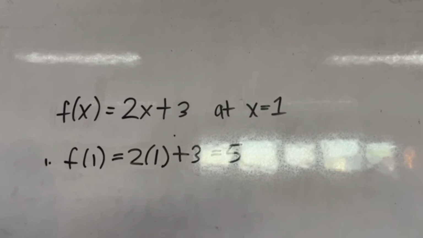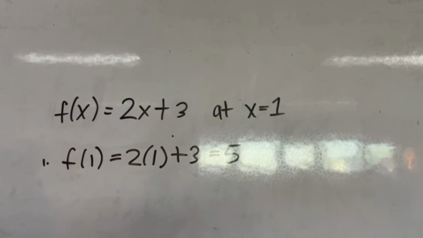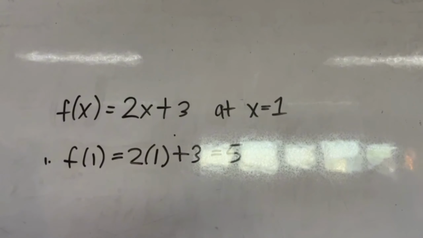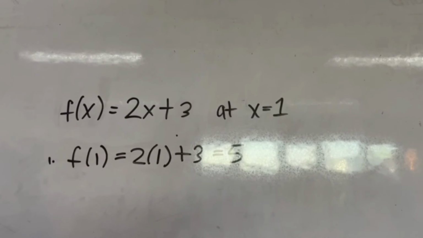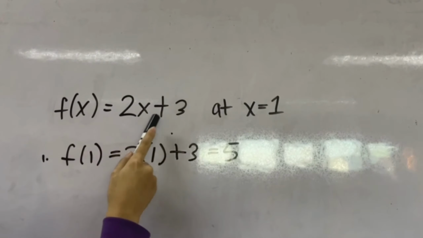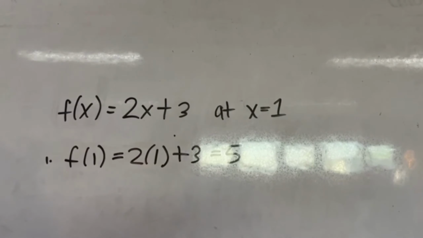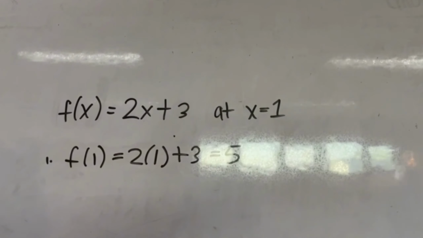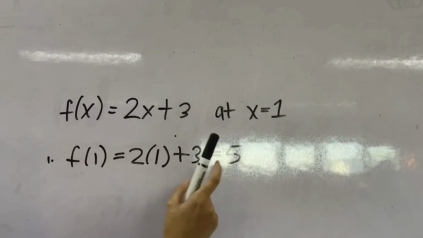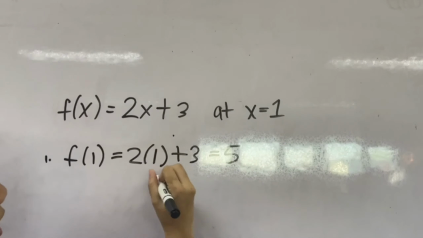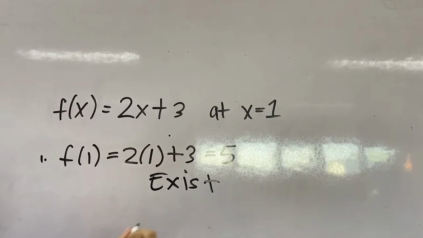The second condition is: does the limit exist as x approaches 1? Yes, since f(x) equals 2x plus 3 is a linear function, the limit as x approaches 1 is just 5. Hence, the limit exists.